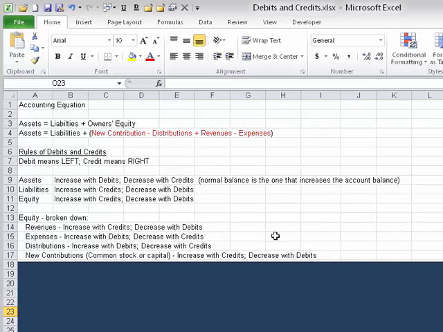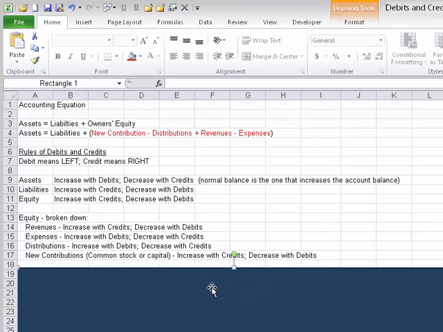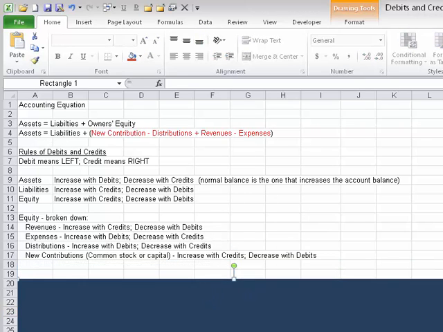So again, the two positive items, contributions and revenues, all increase with credits. The two negatives, there's a minus sign in front of them, increase with debits. They behave more like items on the left side of the accounting equation than the right. Okay? That's the rules of debits and credits.